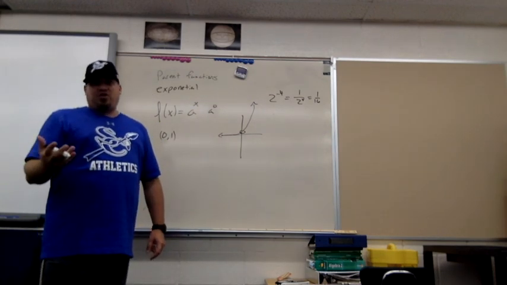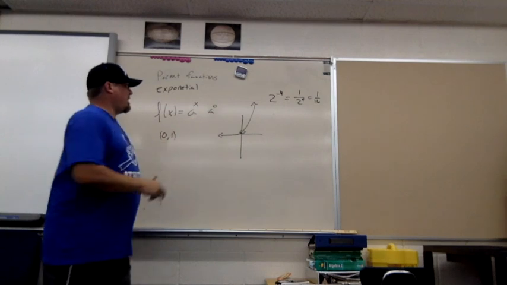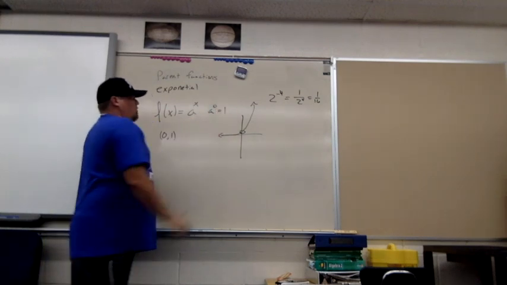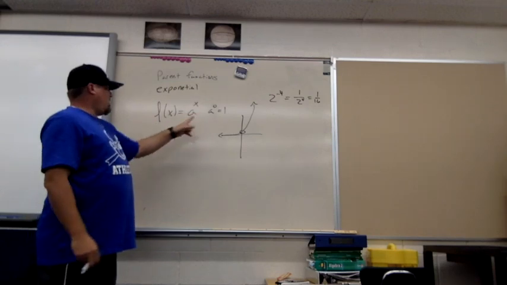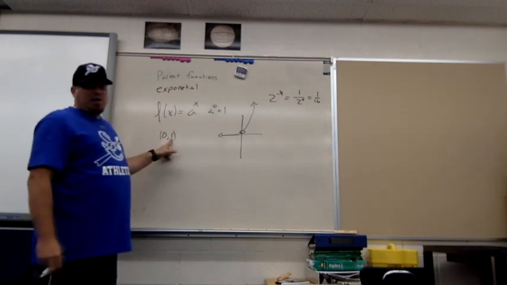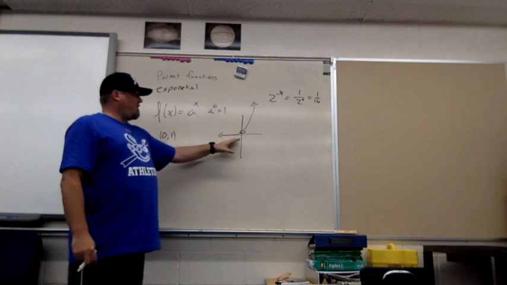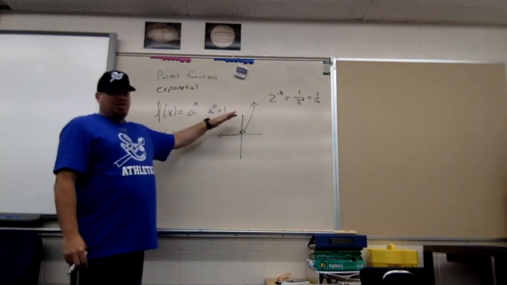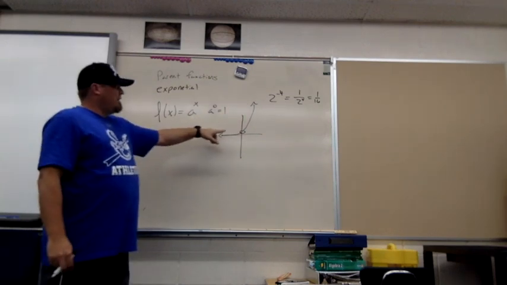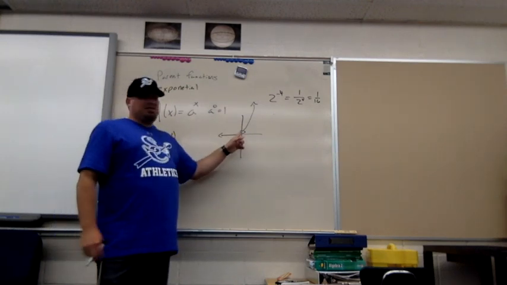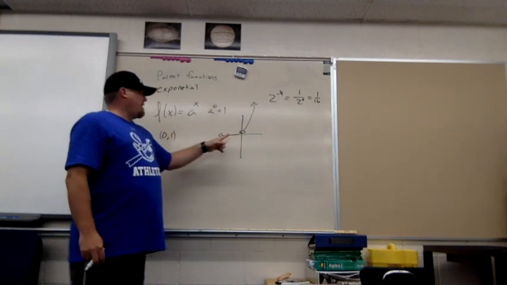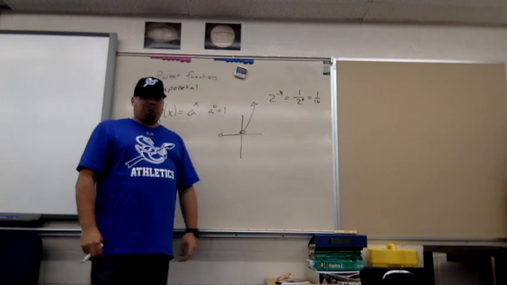Well, you learned in Algebra 1 that anything to the 0 power is always 1. So if I plug in 0 for x, it's always going to kick out a 1 for my y. So for the parent function, whenever the exponential function is in its base form, the intercept is always going to be 0, 1. And it's never going to touch the x-axis.